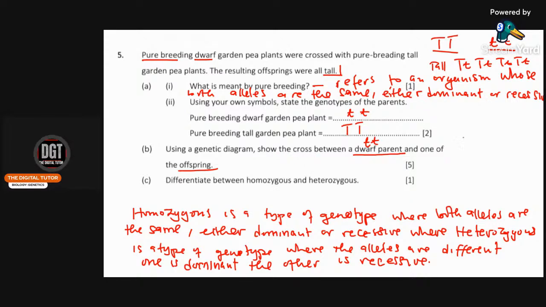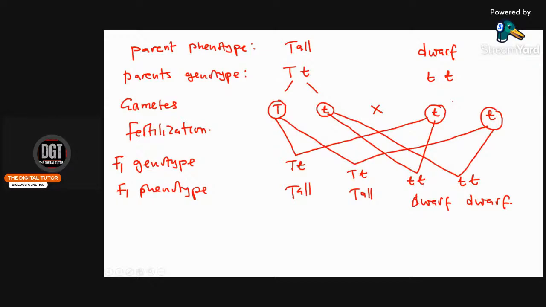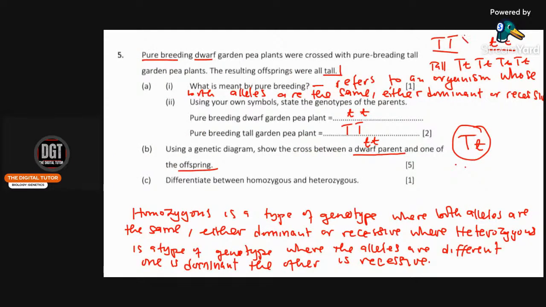The example that we can give is, for example, here, the tallness can be capital letter T and small letter t. This is heterozygous. But for TT, capital letter T or small letter t, these are what? Homozygous. Okay, so we've fully answered the first question.